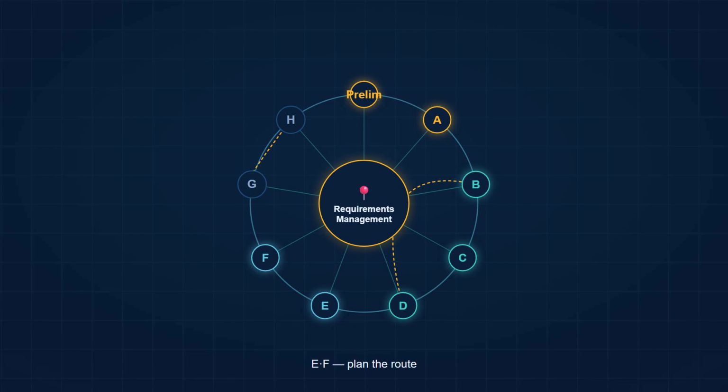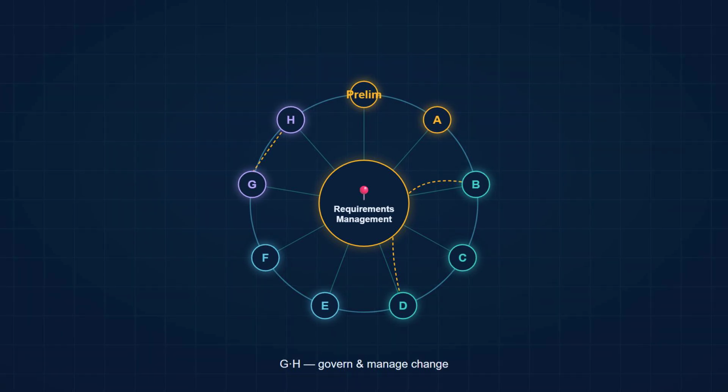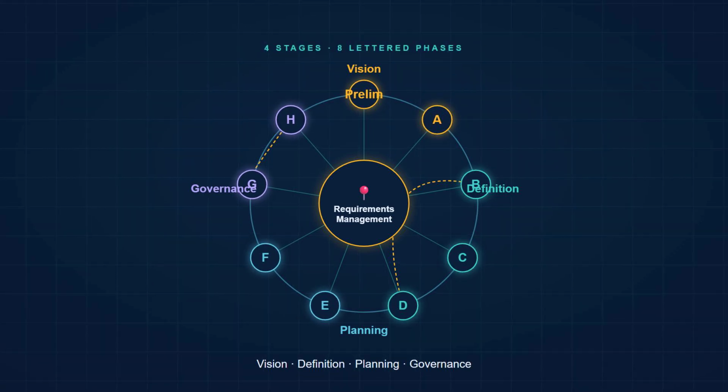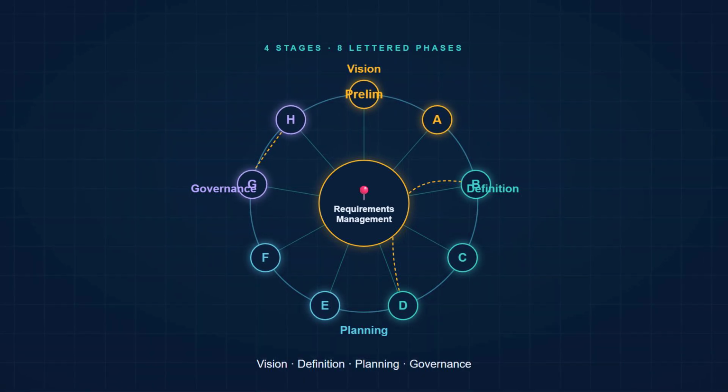Phases E and F handle the planning, spotting the opportunities, then mapping out how to actually get there. And phases G and H are the governance, steering the build and managing change once you're on the road. Vision, definition, planning, governance. 4 simple stages, 8 lettered phases, all looping around a single destination.